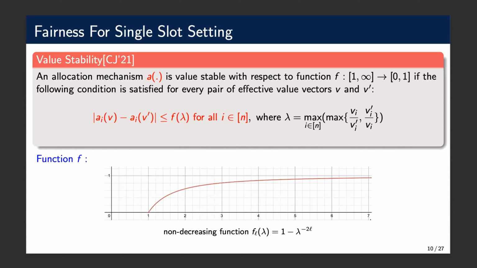The function f has value 0 at 1, and as lambda increases, it goes to 1. And this parameter L describes the speed of convergence.